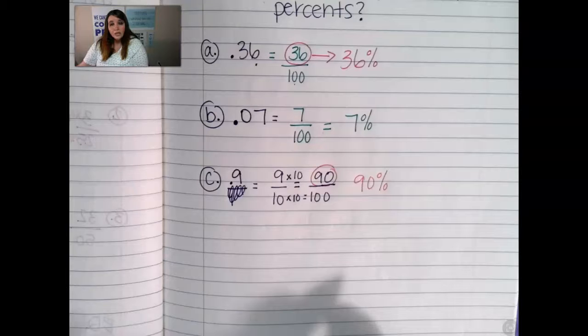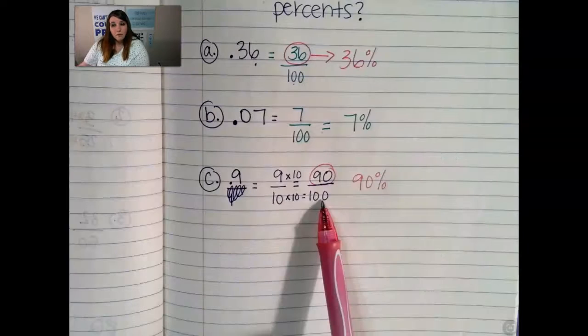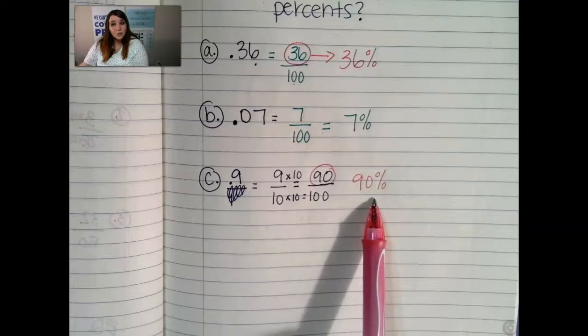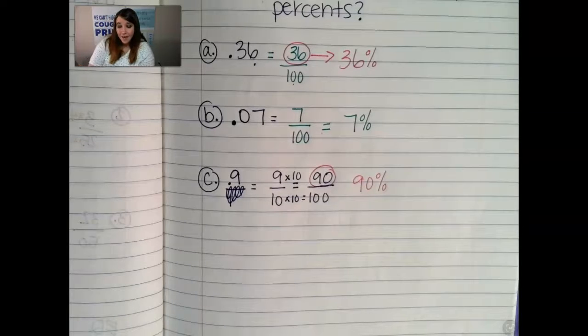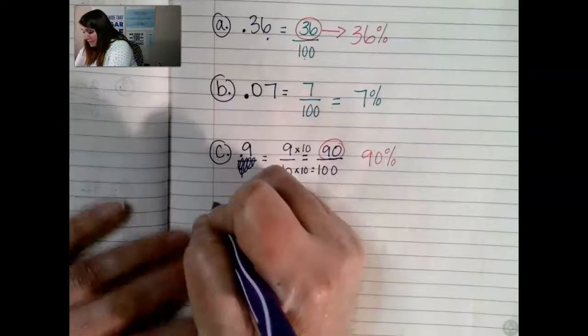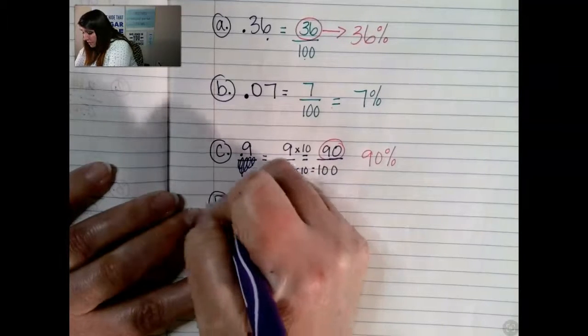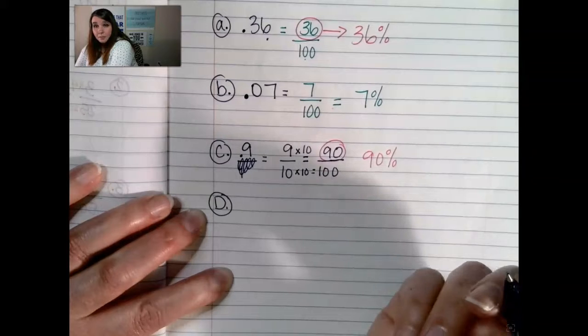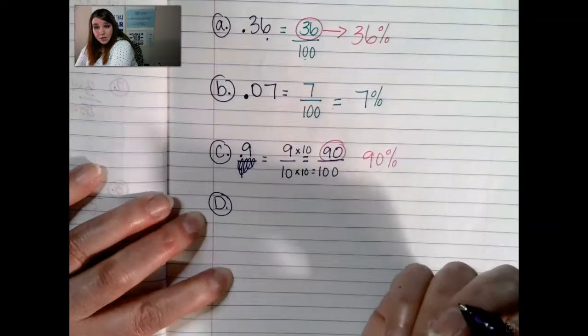So as long as you are converting to a fraction out of 100, you can get to a percentage. And because decimals are already in tenths, hundredths, thousandths, that means that you're able to convert a little bit easier.